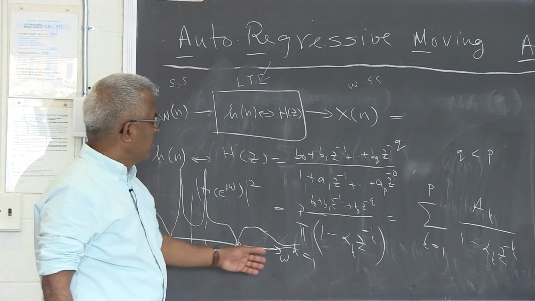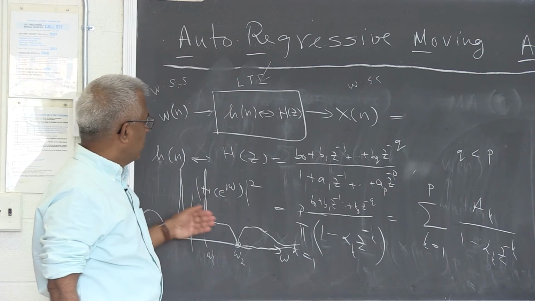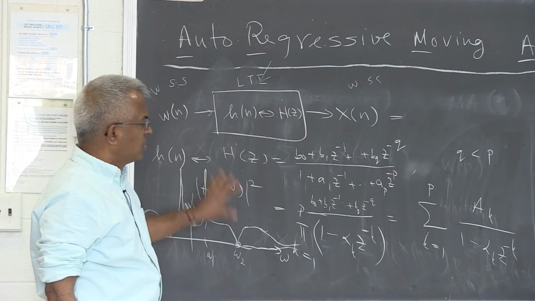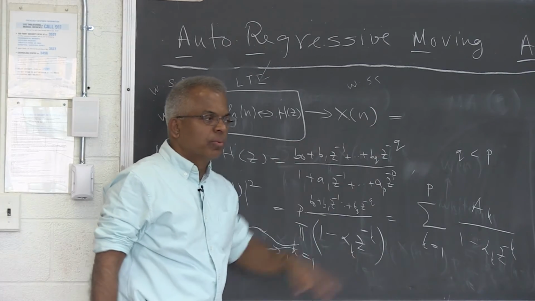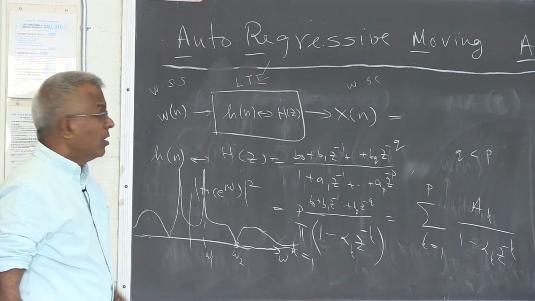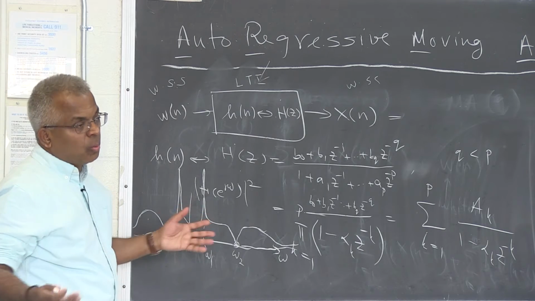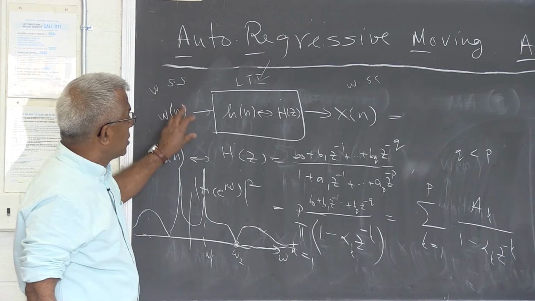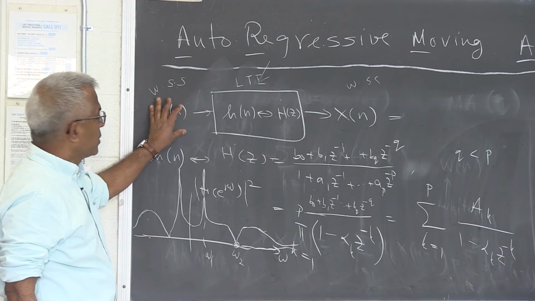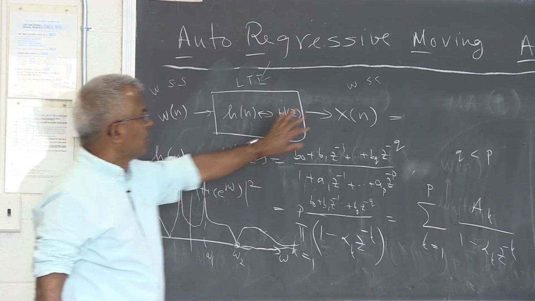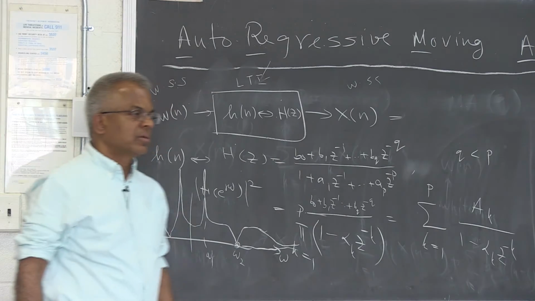They define the frequency characteristics of the system, which is characteristic of the output process. Of course, if the input process is not white noise, then its spectral shape is also going to contaminate this, right? I mean, this spectral shape multiplied by this spectral shape will give you the output spectral shape.